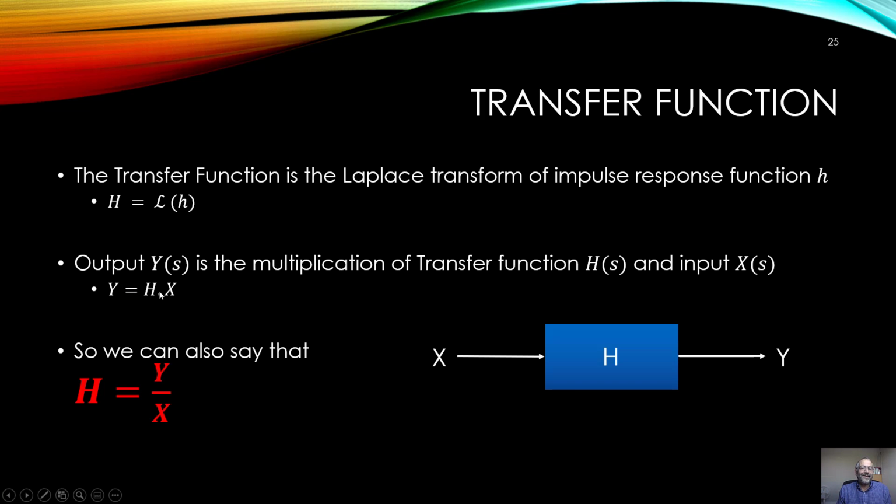This Y is H times X, where the dot really means multiplication. That is also a very essential one that you have to memorize. Or you can also do this, that's the same: H is Y divided by X. Of course, you see that's the same as Y is H times X. So memorize at least one of these two, then you can always deduce the other one.